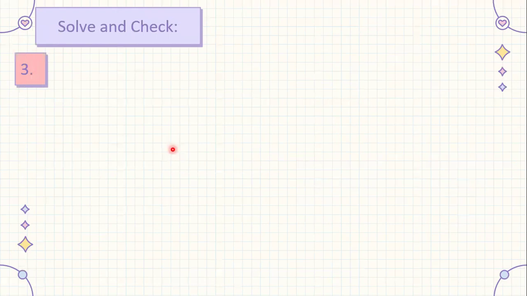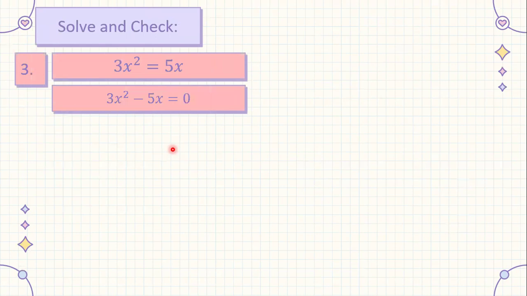Let's have example number 3. 3x squared is equal to 5x. So transform that into ax squared plus or minus bx plus or minus c is equal to 0. So we just transpose 5x to the other side. So that becomes 3x squared minus 5x is equal to 0. Now find the common factor of this one. That is x. So let us get the common factor.